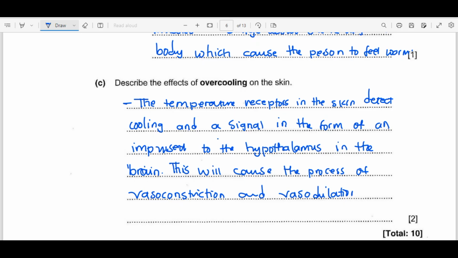Vasoconstriction is the process where the blood vessels reduce in size to reduce the flow of blood, while vasodilation is the opposite. During vasoconstriction we want the heat loss to be reduced, while for vasodilation we want the heat loss to increase.